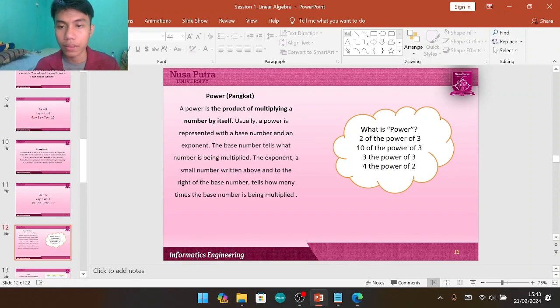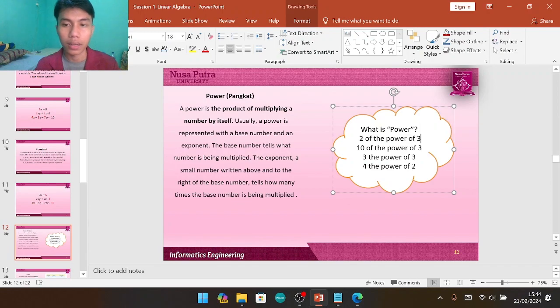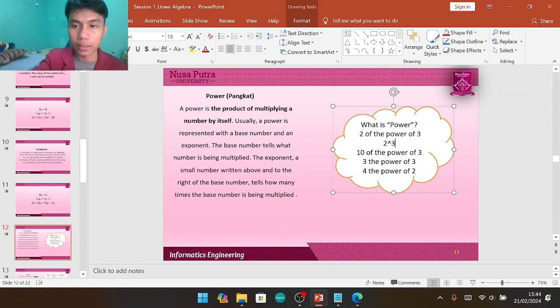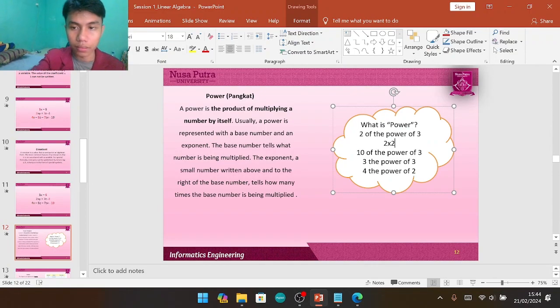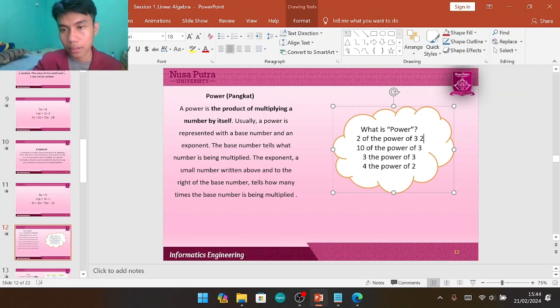For example, 2 to the power of 3, right? So 2 to the power of 3 means 2 multiplied by 2 multiplied by 2. So 2 multiplied by 2 is 4, multiplied by 2 is 8. And so on.